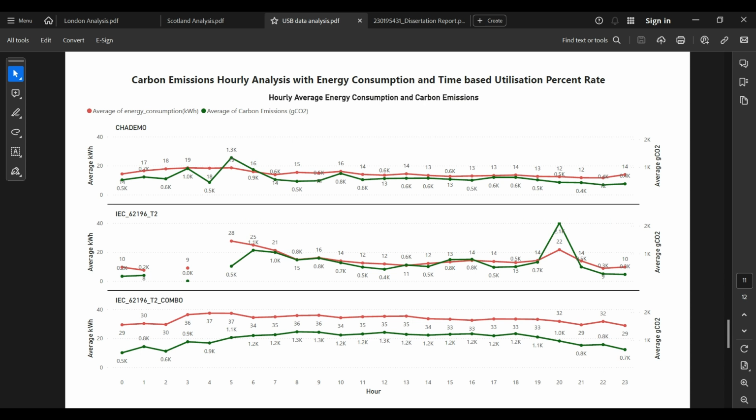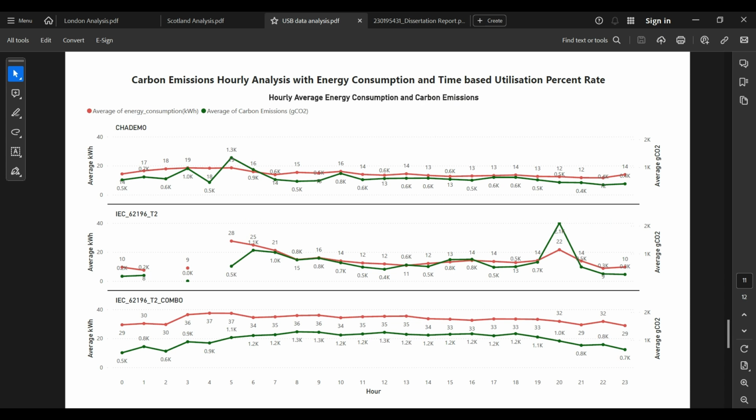If you look at the hourly analysis of energy consumption with carbon emissions for CHAdeMO connector, the energy consumption follows a quite similar trend. But if we see, the values are quite high in the early morning sessions, reaching a peak of 19 kilowatt hour. And also the similar kind of trend is followed by the carbon emissions.